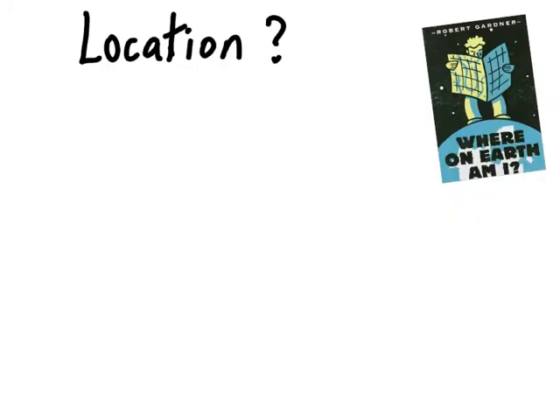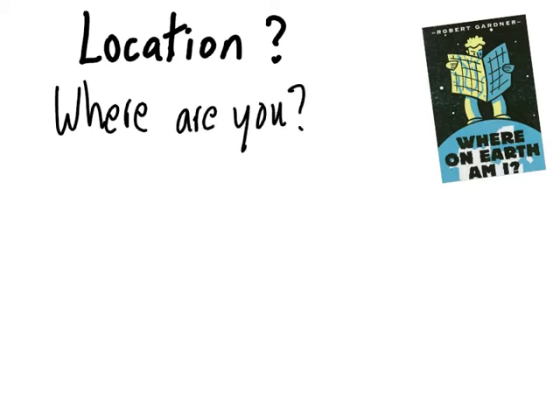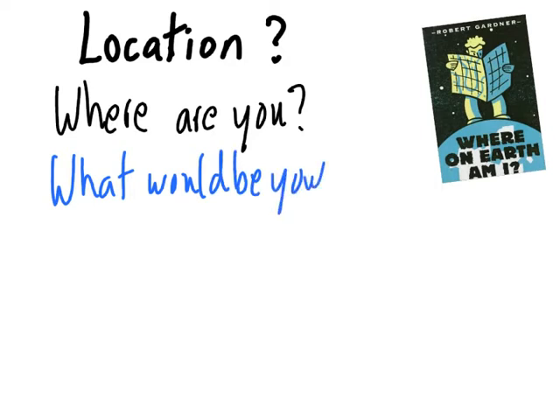Where things are, whether that thing is you or whether it's a particular feature you're interested in studying. So let's start, for instance, by asking the question, where are you? I'm interested in where you are right now. If I ask you that question, what would be your answer?